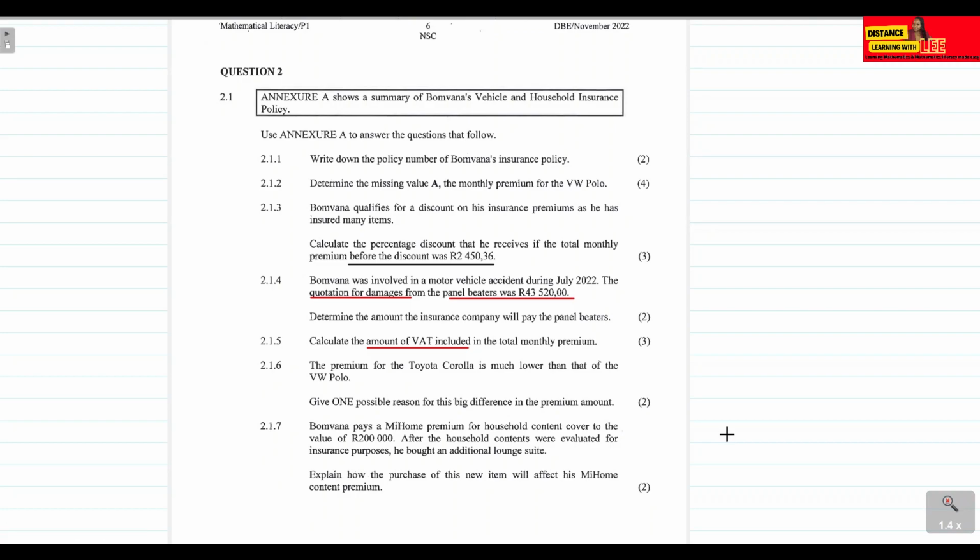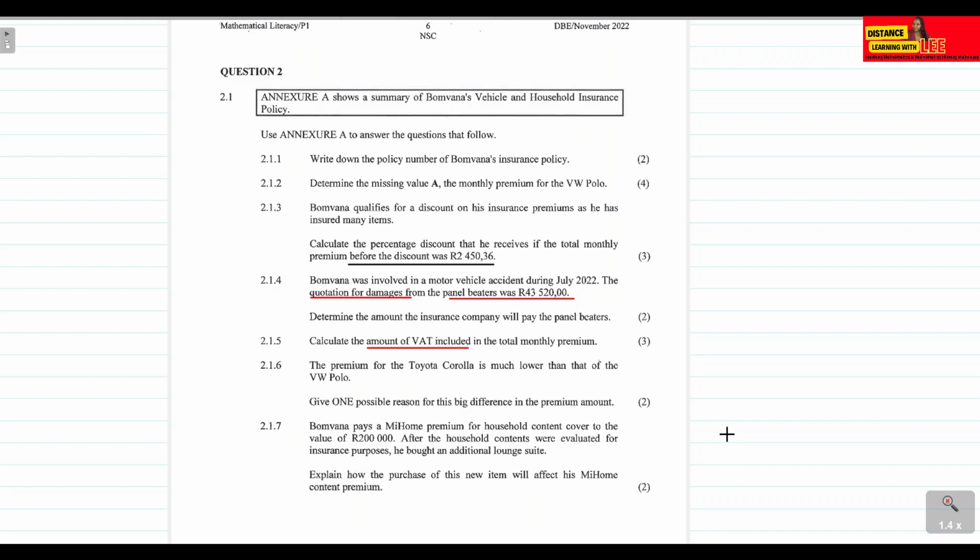Or you can say that probably the premium for the Toyota Corolla is much lower because maybe the Toyota Corolla is an older model. For older model cars, you do pay a lesser insurance premium. But there are a lot of factors that determine how much you're going to pay for your premiums, but that could also be a reason.